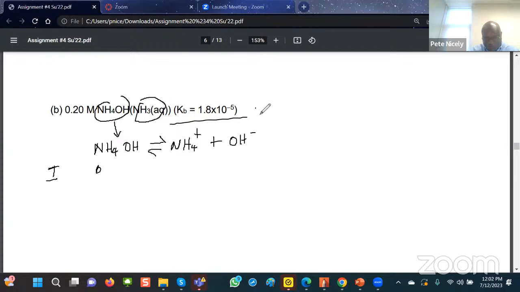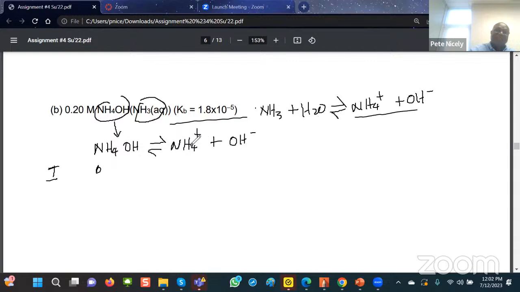However, you could just as well do this. NH3 plus H2O to form NH4 plus OH minus.